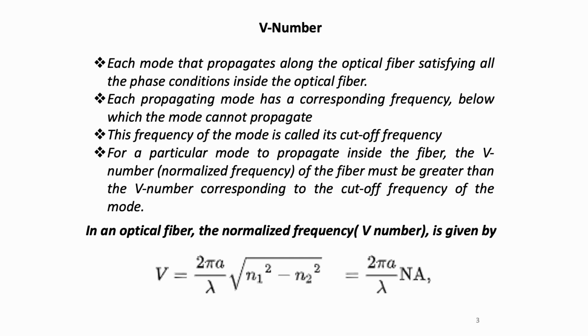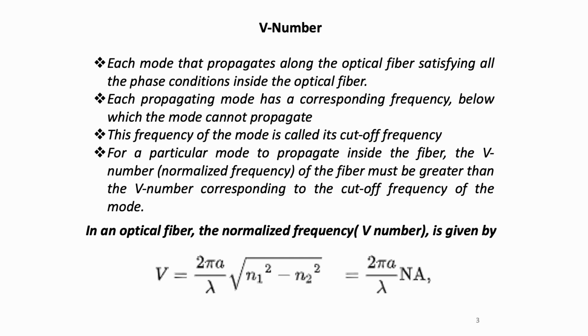That particular frequency is called the cutoff frequency. For any mode to propagate inside the fiber, the V number, that is the normalized frequency of the fiber, should be greater than the normalized cutoff frequency of the mode.